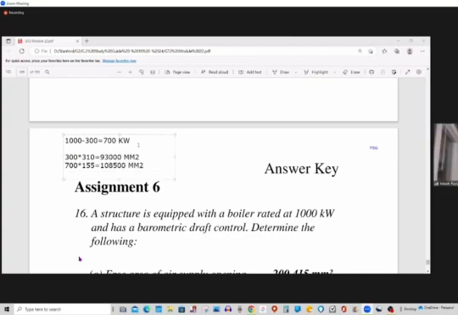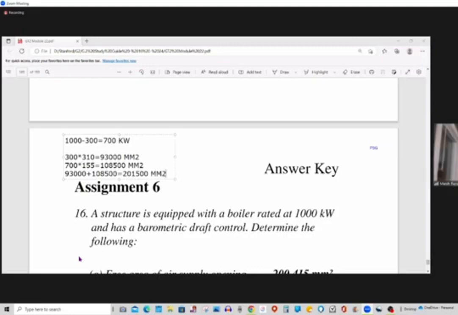Now you add them together. 93,000 plus 108,500 is going to be 201,500. Thank you, sir. Square millimeters, yeah.